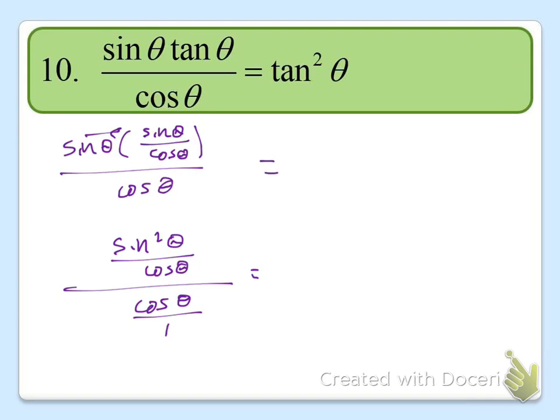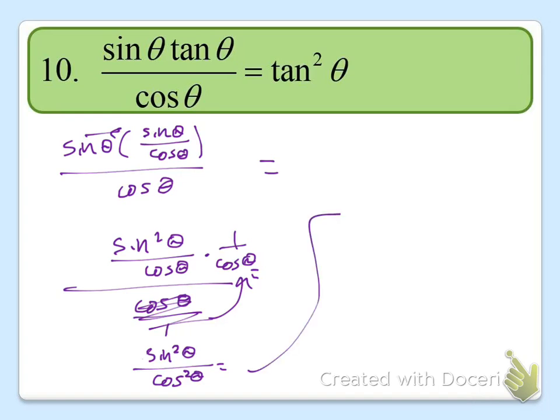Anytime we divide by a fraction, we're actually multiplying by the reciprocal. So we can actually flip this over and multiply it into the numerator. When we do, we multiply straight across, we get sine squared theta over cosine squared theta. And sine squared over cosine squared definitely is tangent squared. And so we verified that identity.